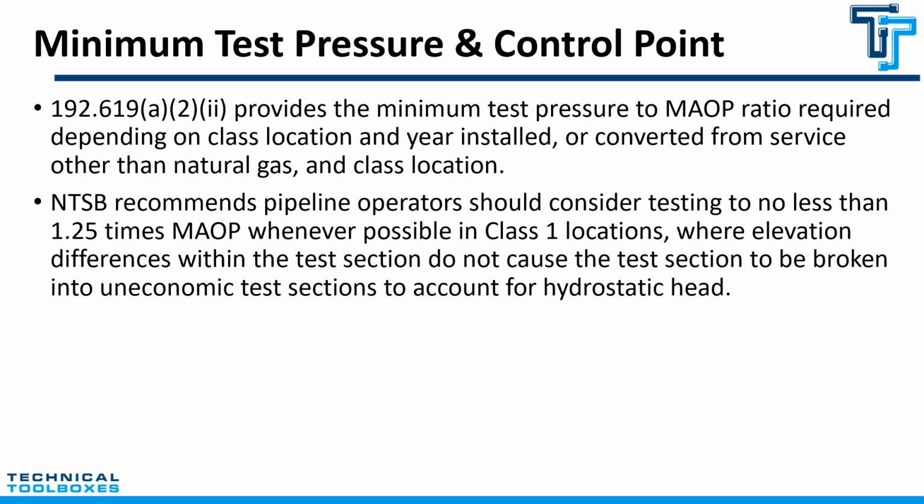So that covers that, and that's the governing process. Now, the National Transportation Safety Board usually recommends any pipe to be tested at no less than 1.25 times the maximum allowable operating pressure for class 1 to start off with, so that safety is introduced and upheld within the industry.